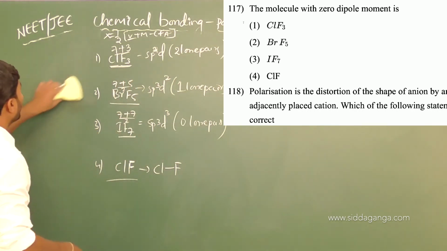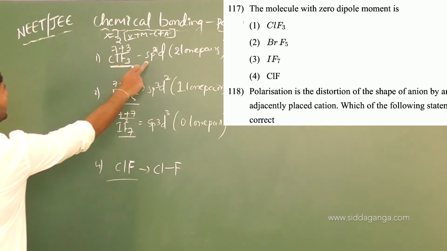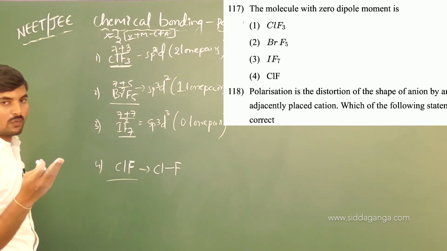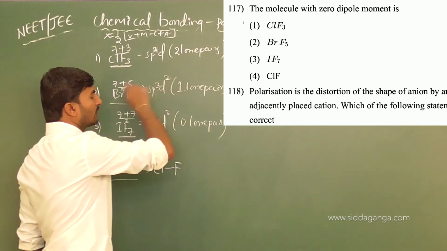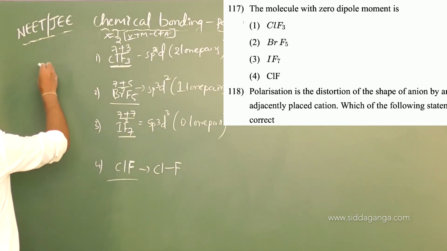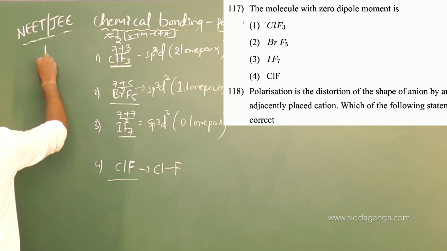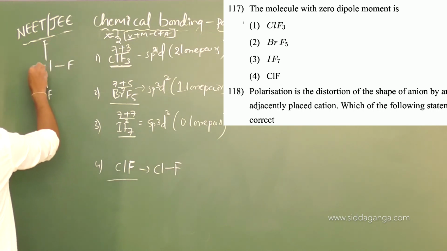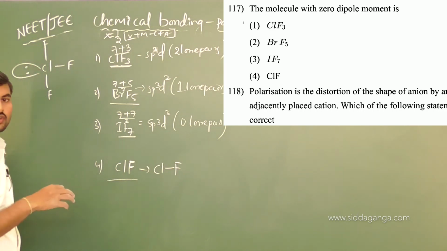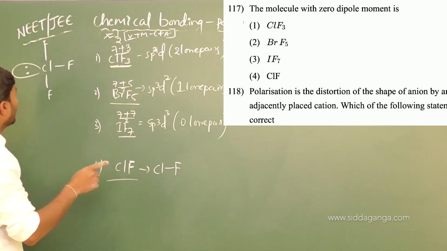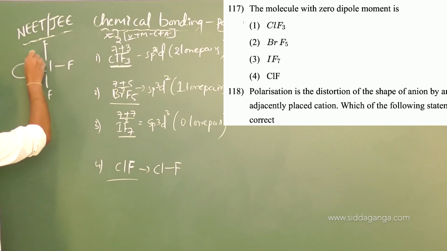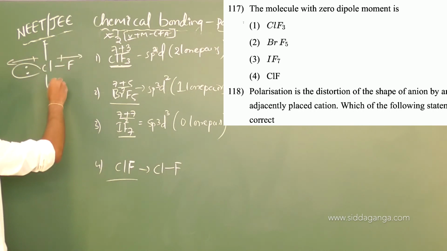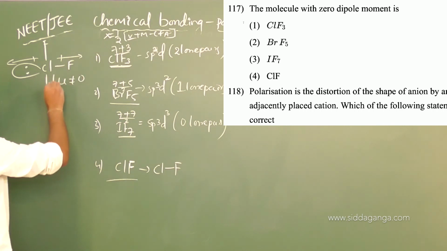Structure of ClF3, look, what comes here? What does sp3d mean? It should give trigonal bipyramidal geometry, but because of 2 lone pairs it will show a T shape. That means Cl with F, F, F in a T shape, a shape like this. Here the dipole moment of these lone pairs does not cancel with the bond pairs, that is why mu is not equal to 0.